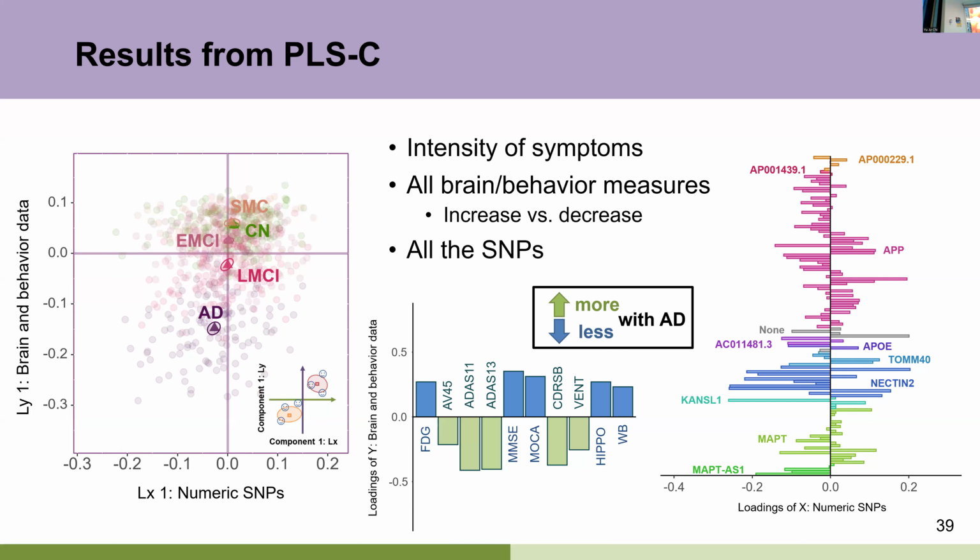When you describe it, it's a little tongue twisty. So I want it to be the more positive it is, the more severe it is. And when I want to do that, I just plot it in a flipped way. Because the signs are arbitrary, you can just flip it. But remember, when you flip one, you need to flip everything. Otherwise, you will be confused with the pattern. So when I'm flipping the X here, I'm flipping the Y, I'm flipping the loadings of X and the loadings of Y, so that you can understand the pattern correctly.